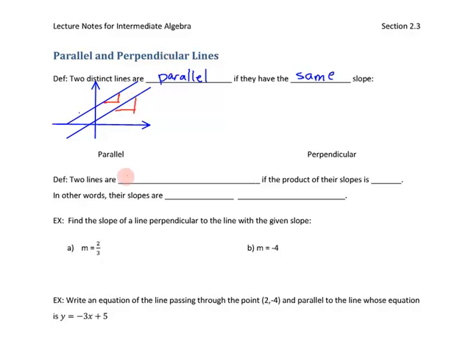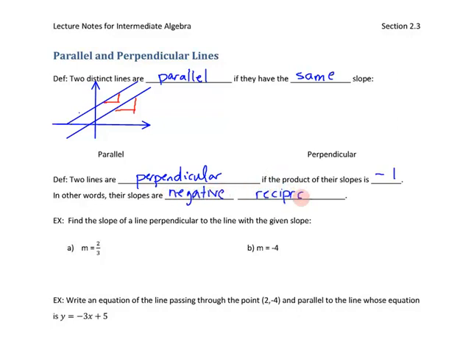Two lines are said to be perpendicular if they intersect at a right angle. Now, what that means in terms of slope is that the product of their slopes is -1. So the slopes are what are called negative reciprocals.